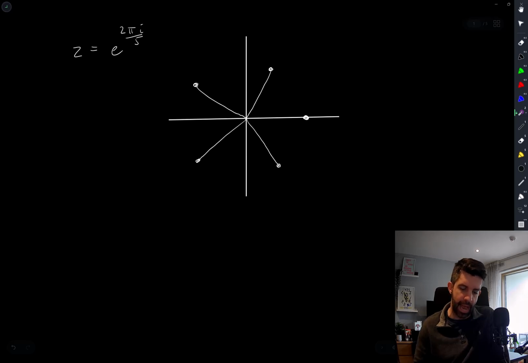Well, I know if I add z to the 0, 1, 2, 3, and 4, if I add those up, I get 0. So what I might do is manipulate the equation a bit.